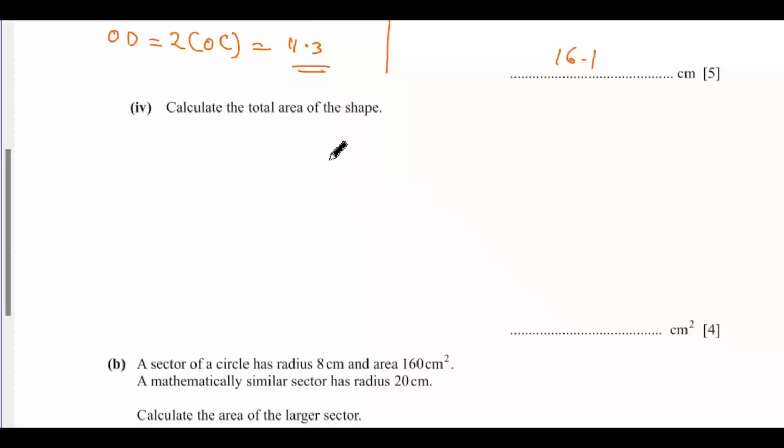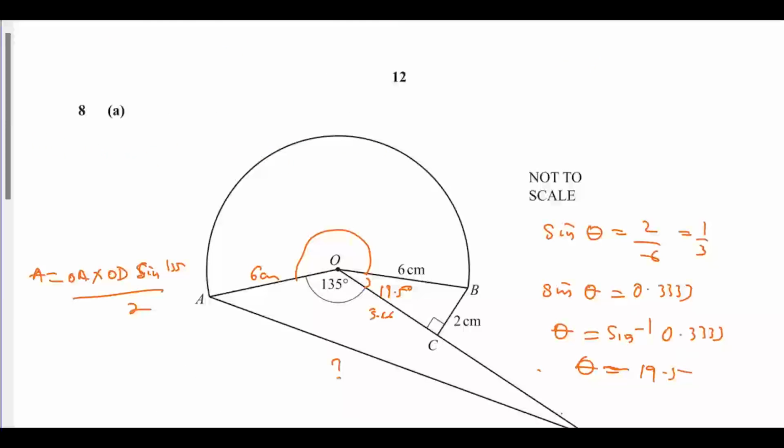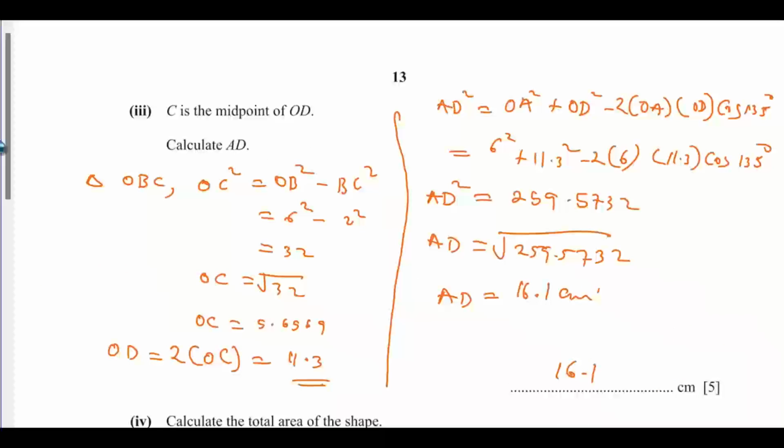Okay, so to calculate the area of the shape, firstly, we know the area of the major sector. I think we calculated that to be, let's check again. Okay, it should be here.